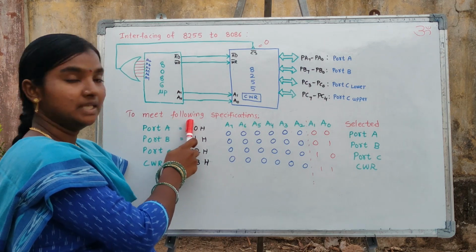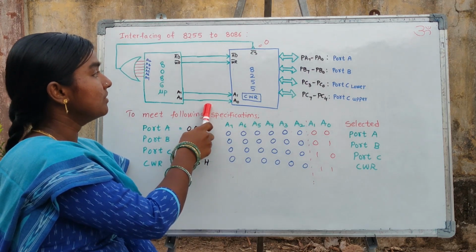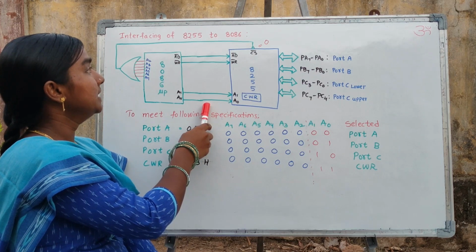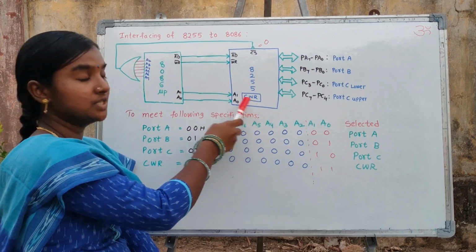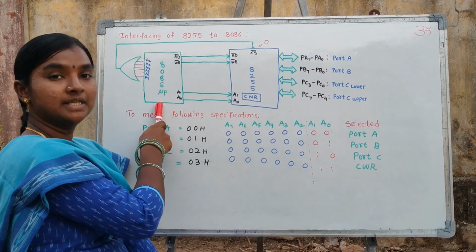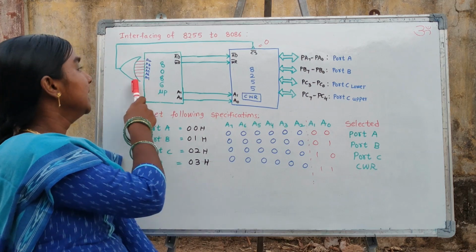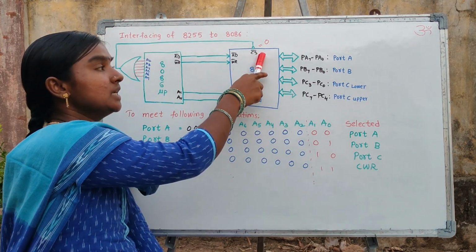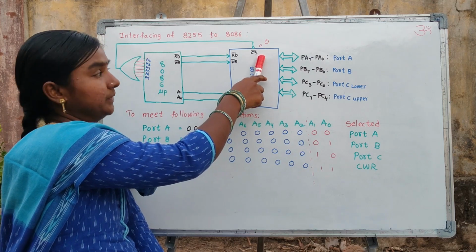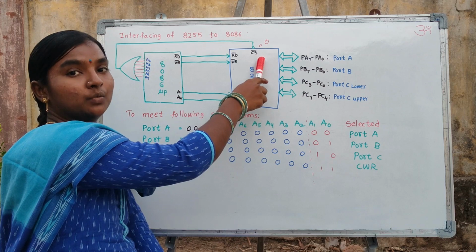To meet these specifications, here is another configuration to interface the 8255 programmable peripheral interface to the 8086 microprocessor. In the previous one, we considered a NAND gate to generate the chip select signal value equal to 0. Here also we have to generate the chip select value equal to 0.